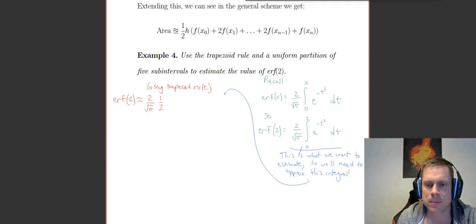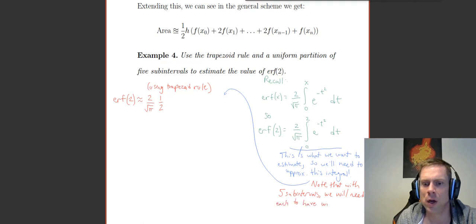So note that with 5 subintervals, we will need each to have width, and that is, I just got that by taking that domain of length 2, right, 2 minus 0, and I'm dividing that by 5, and that works out to 0.4.